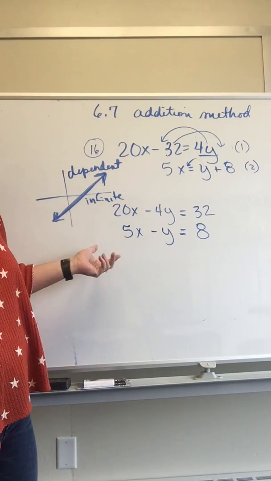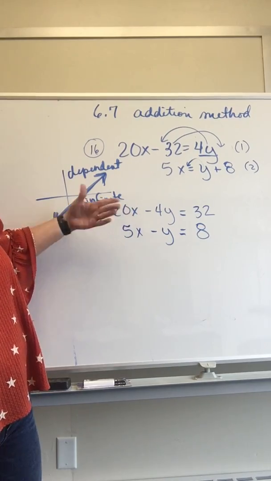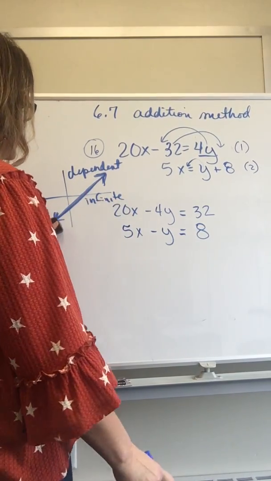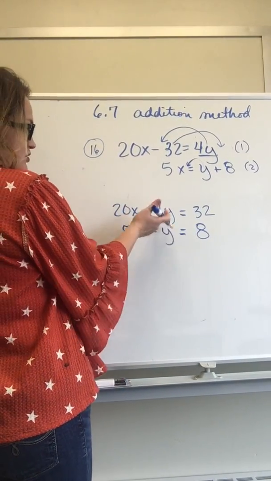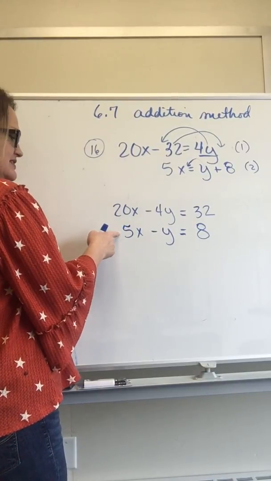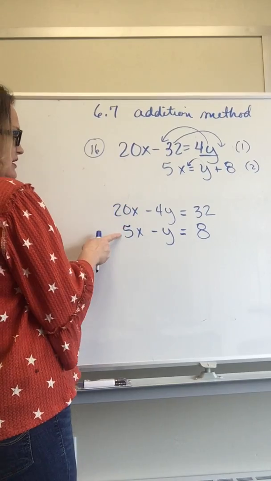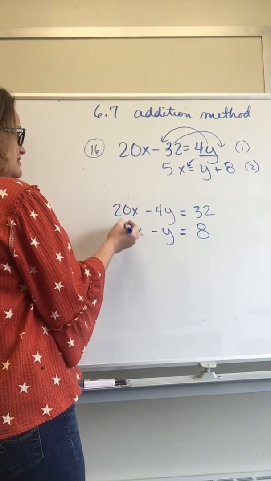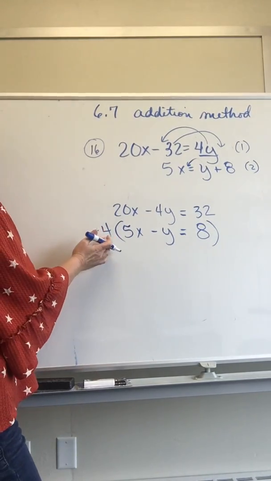But let me continue on. Say I don't recognize that this is just that times 4, and I do the algebra steps. I would either try to get the x's to cancel or try to get the y's to cancel. It doesn't matter, but let's say I focus on the x's this time. I wish that was a negative 20, so then 20 and a negative 20 would make the x's cancel. I can do that by multiplying everything by negative 4.